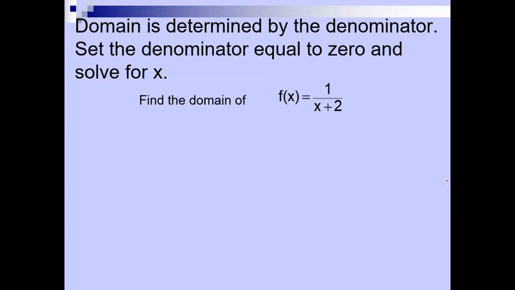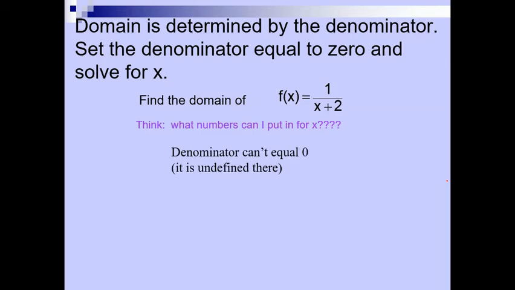Let's take a look at the domain. The domain is determined by the denominator. Set the denominator equal to 0 and solve for x. What's going to be our x value for x plus 2? Think, what numbers can I put in for x? The denominator can't equal 0. It is undefined there.